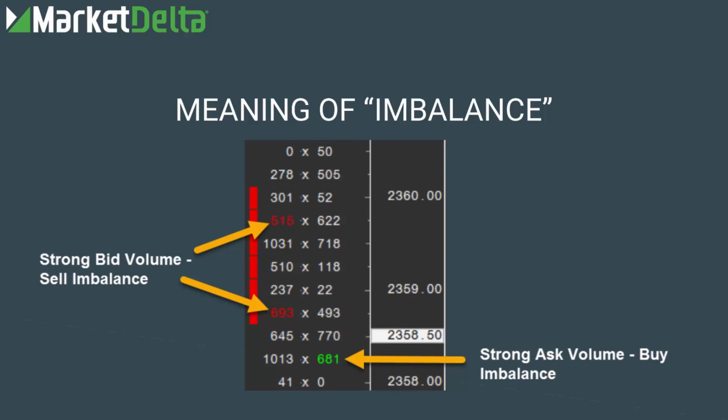All right, so let's take another look at the meaning of imbalance. Here you can see, I've already pointed these out on the other slide, these are sell imbalances. Sell imbalances are going to be red. Buy imbalances are going to be green or blue. Typically, those are the colors people use. But hopefully you're understanding it's this relationship right here.